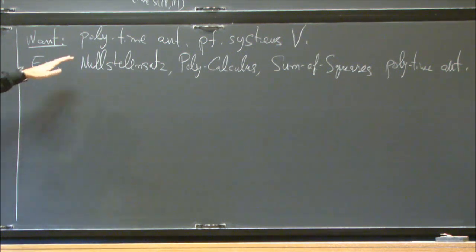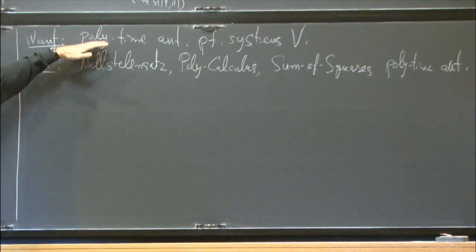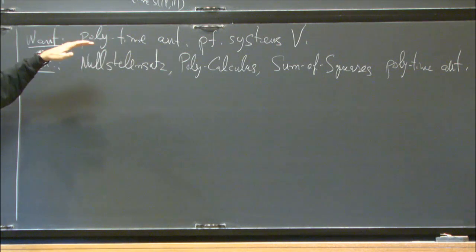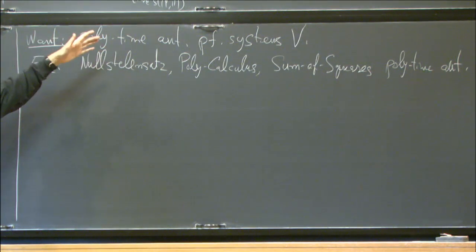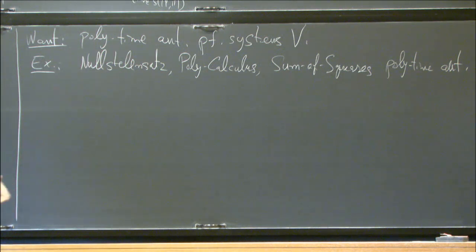I mean, basically, in polynomial time automatizable proof systems, the length of proofs and the time to find the proofs is the same. So if you have a computational lower bound, you also have a proof length lower bound.